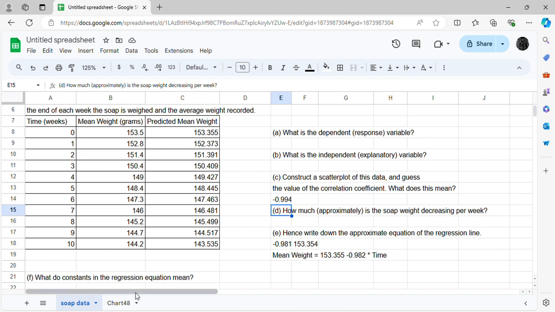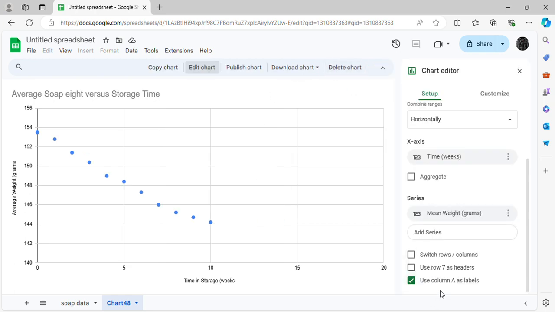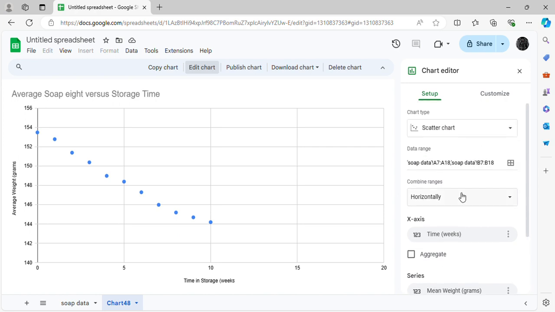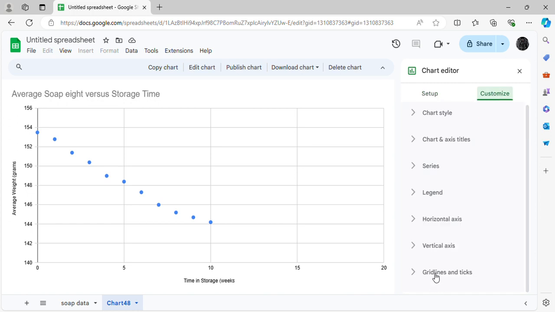How much approximately is the soap weight decreasing per week? By looking at the chart, it looks like it's decreasing. For every week it is decreasing by about 1. Let's have the tick marks in steps of 1. Customize, grid lines and ticks.